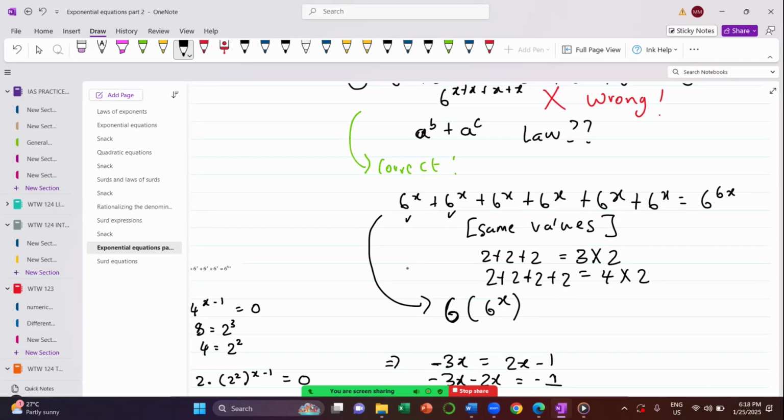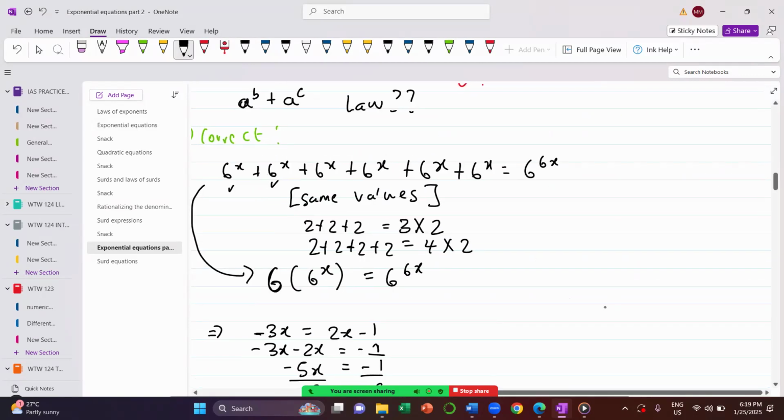Remember that these are the same values and I have 6 of them, so I'm going to say 6 times that value. Even here, I have 4 2's that I'm adding, so I have 4 times that 2. So here I'm going to have 6 times 6 to the exponent of x. Are we okay? Yes, sir. All equal to 6 to the exponent of 6x. Right?